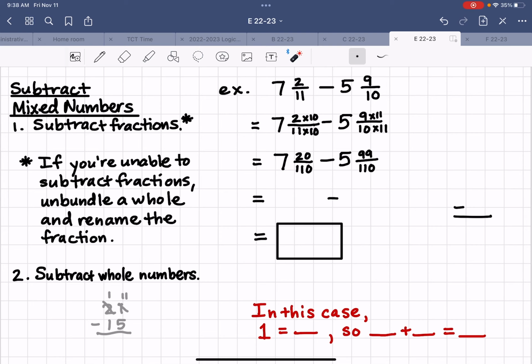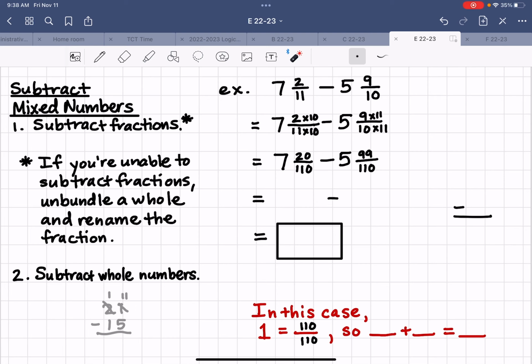Now, in this case, we know that one whole unit is equal to 110/110ths. So whatever your denominator is, you're just going to say that same number for the numerator, because 110 divided by 110 is 1. So you broke a unit up into 110 equal parts. How many of those parts do you have to take to get to one whole unit? You have to take all those 110 parts, okay?